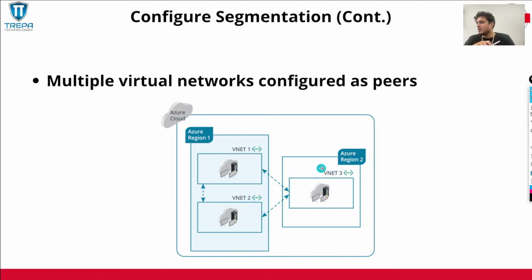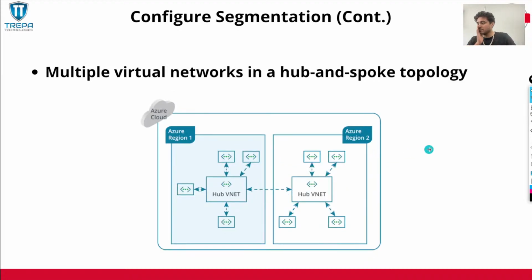We can have virtual networks configured as peers, so we can have that segmentation, but we can also configure peering between those VNets that allows a direct connection, kind of like our IPsec tunnels used to do, but now in the cloud we can peer VNets. This is an Azure solution. We can even have a hub and spoke topology, where we have a hub VNet and those two are peered, and then different subnets hanging off that VNet.